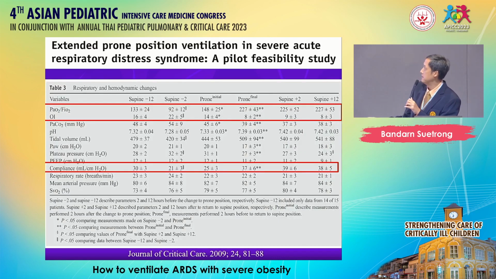And if we look at this study, the mean time of prone position in this study is about 70 hours. And if we put them in the prone position initially, the lung compliance and PF ratio are going up. And if we put the patient in prone position as long as 70 hours, the PF ratio is still going up, and the compliance is going up too.